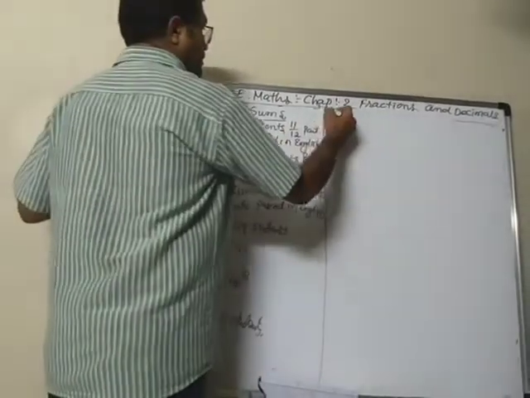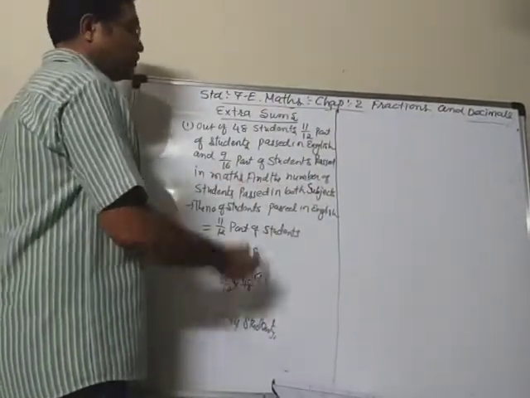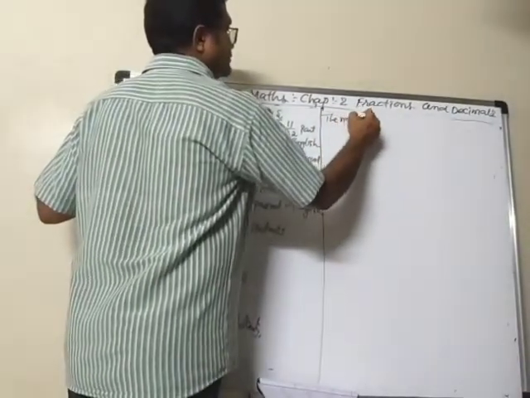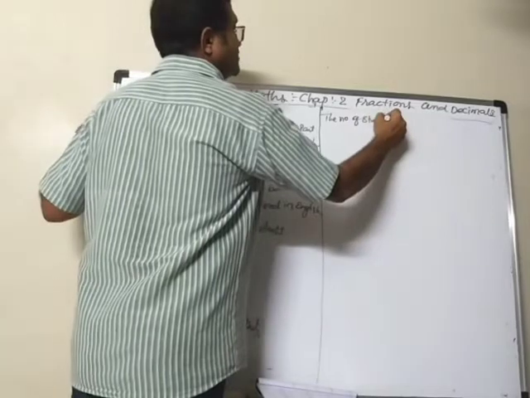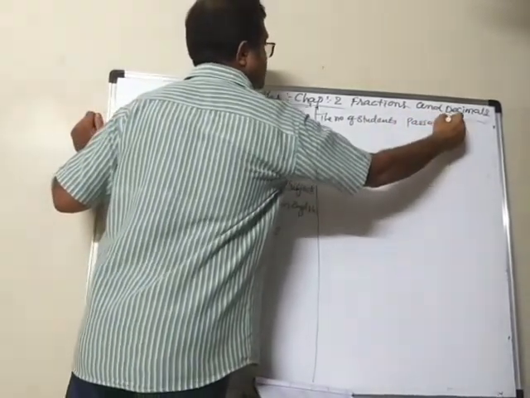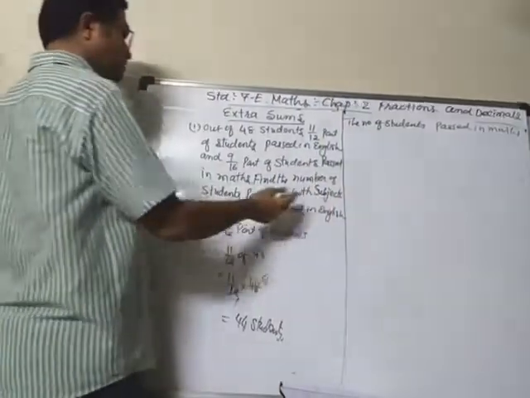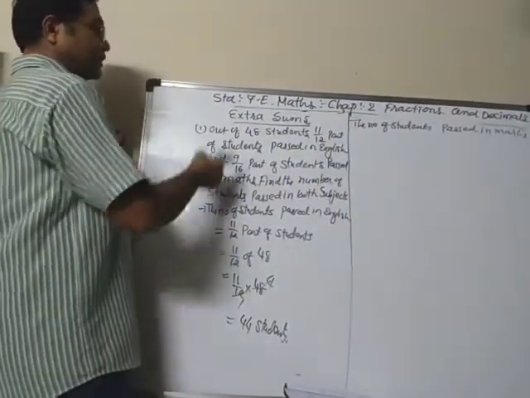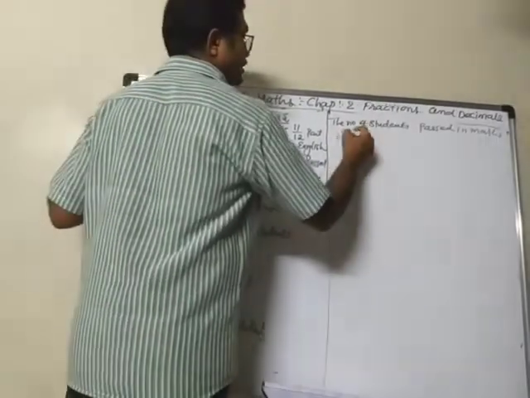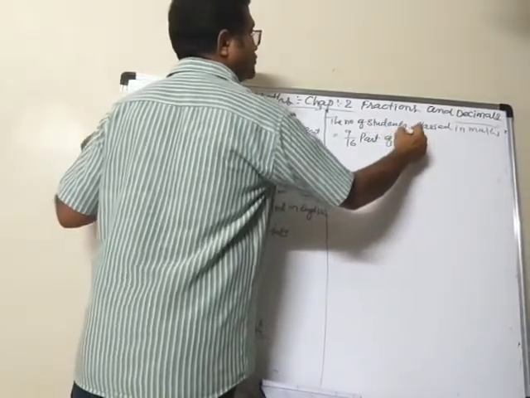Then the number of students passed in maths, that also we have to find. The number of students passed in maths. So for maths, what did they give? 9 by 16 part of students.